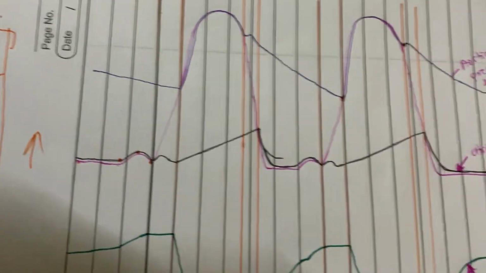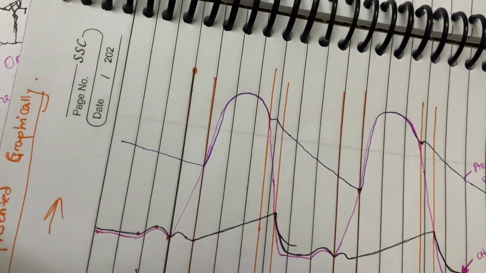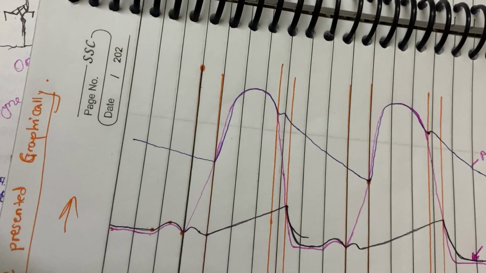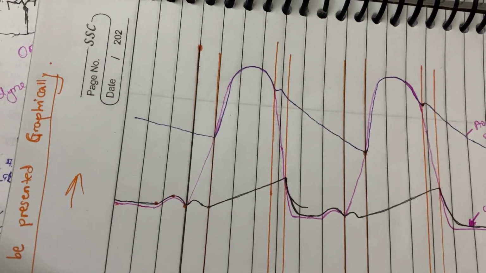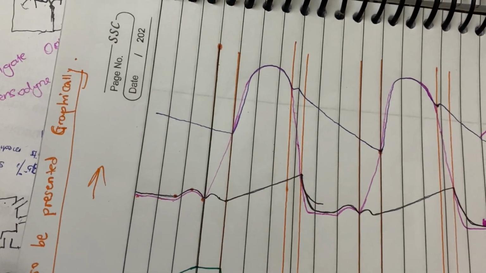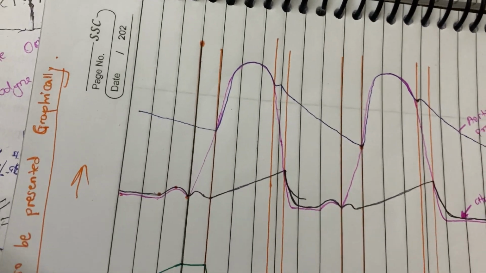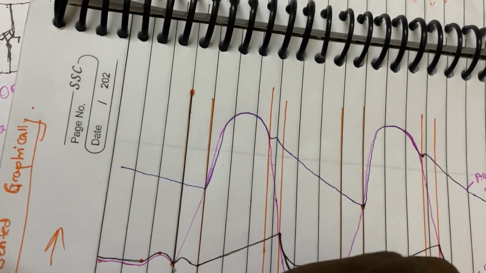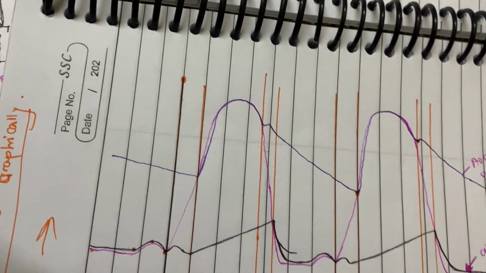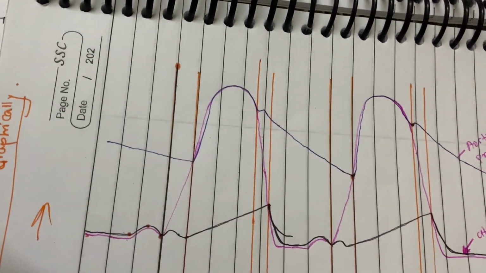The A wave, this wave here, is due to atrial contraction. It is due to the 20 to 30% of blood that enters the ventricles because of atrial kick. Now at the end of atrial kick, the pressure in the atria and the ventricles is going to equalize.